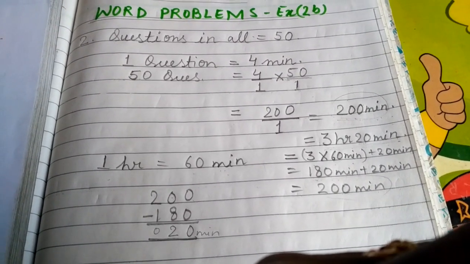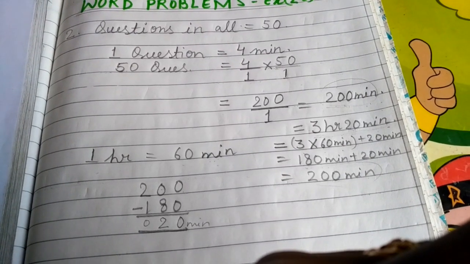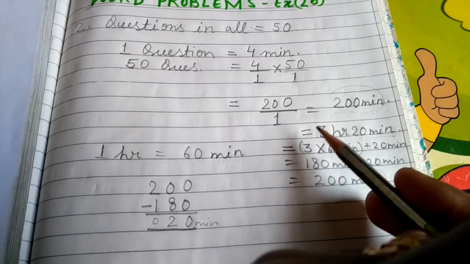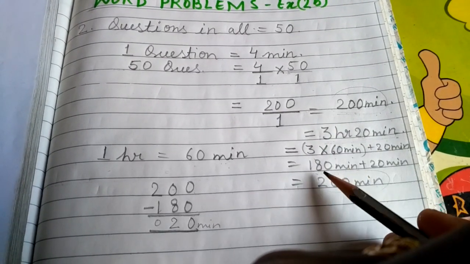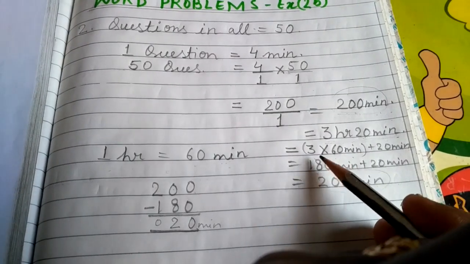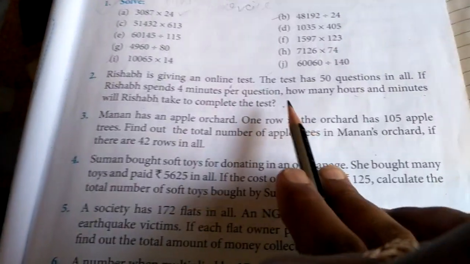So in 200 minutes, how many hours will be there? We have to think, yes, in 200 minutes, 3 hours are completed because 3 hours is equal to 180 minutes and this 20 minutes is extra.